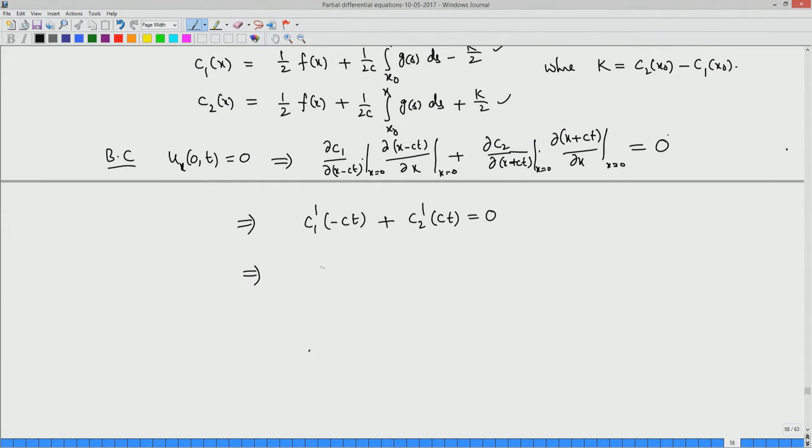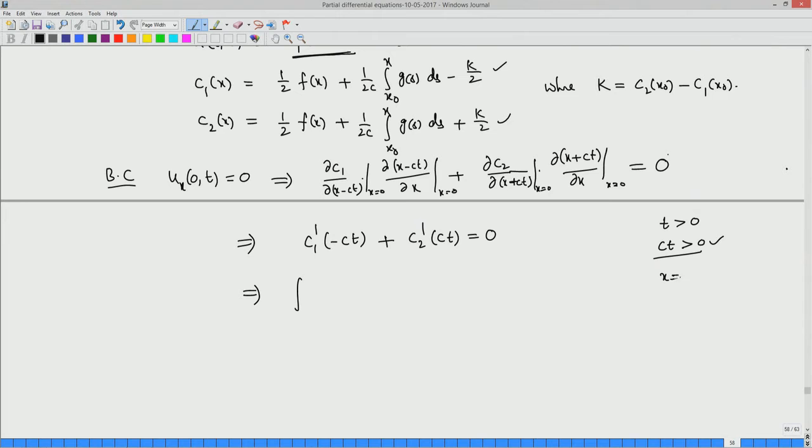Now if you simply integrate, how do I integrate? Like earlier, see that t is positive, so this implies Ct is also positive. You can consider x naught equal to 0.